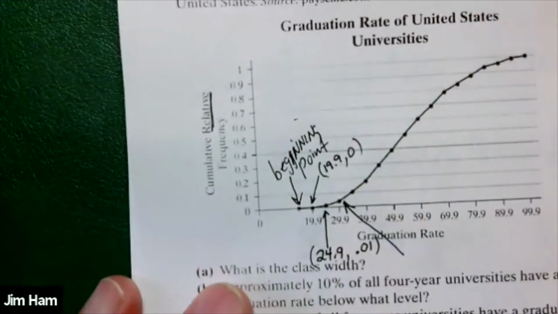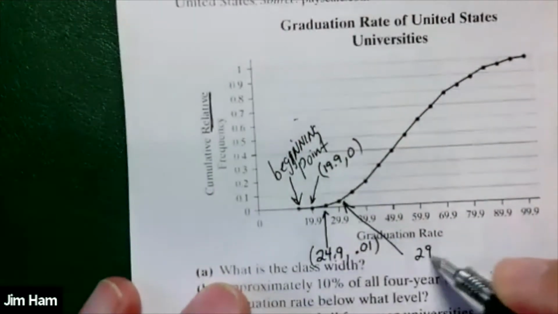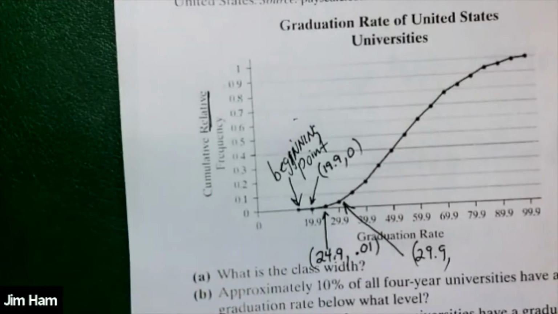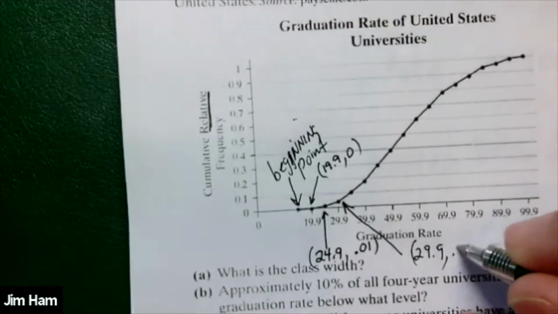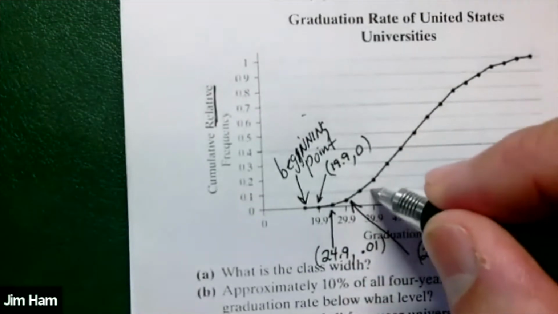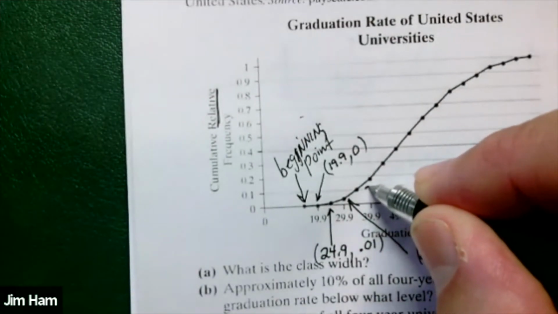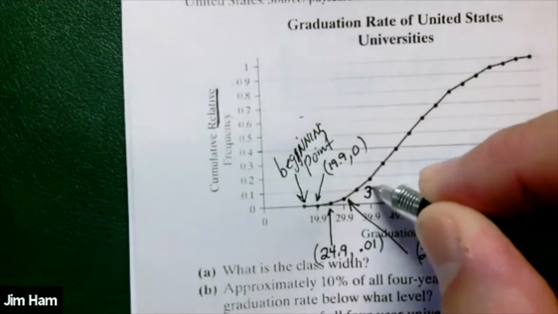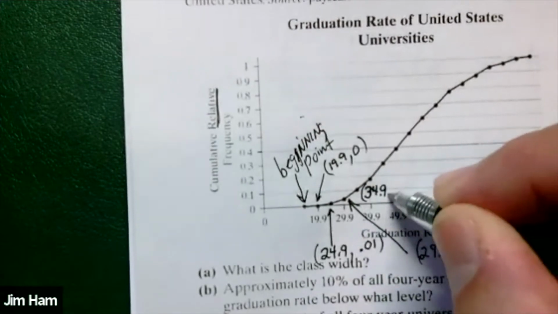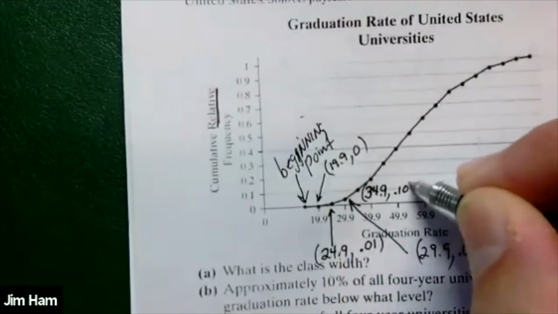That point right there, it's clear to see what the x coordinate is. The y coordinate looks to be about 0.04. And then maybe I can write these one next to them like this. This is 34.9, and that's 0.10.